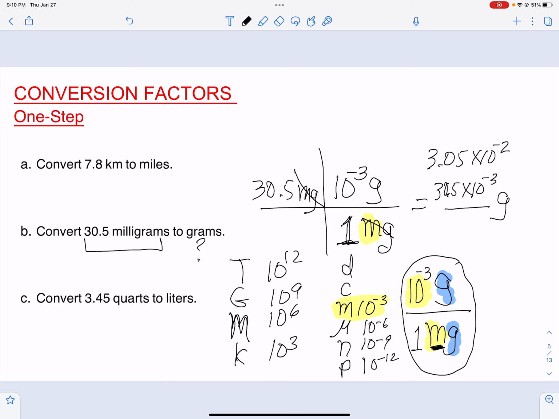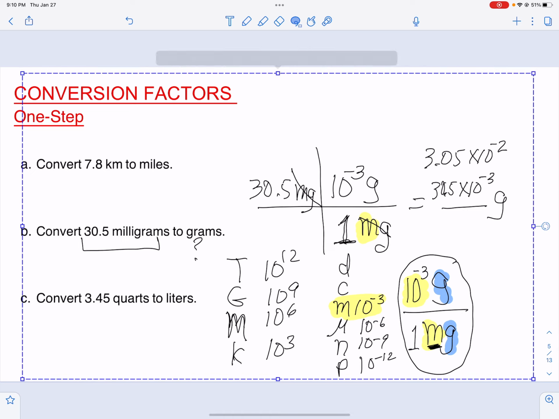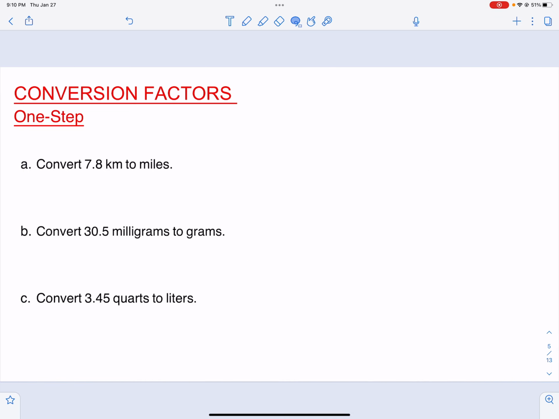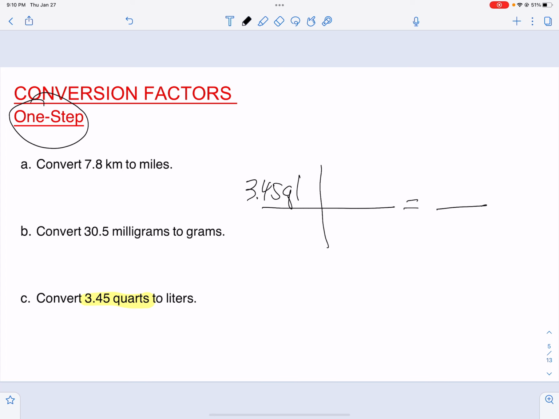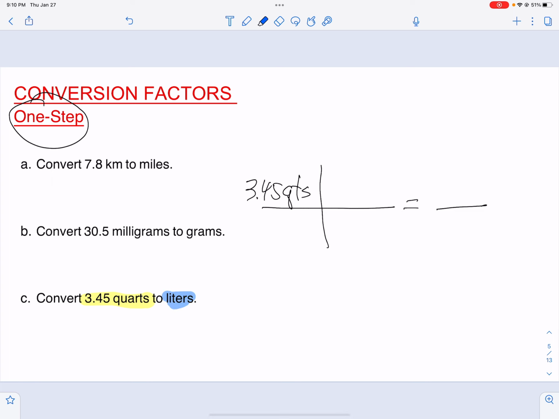So let's do the last one. The last one, we're still dealing with one step, so that's all I need. It's going to equal something. So given 3.45 quarts, can you find liters?